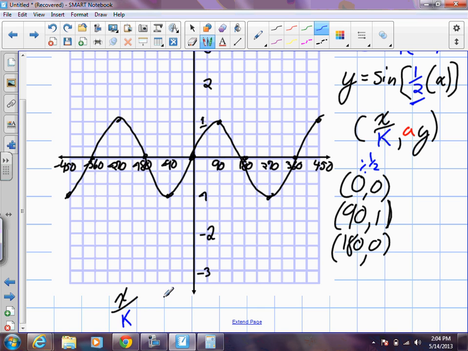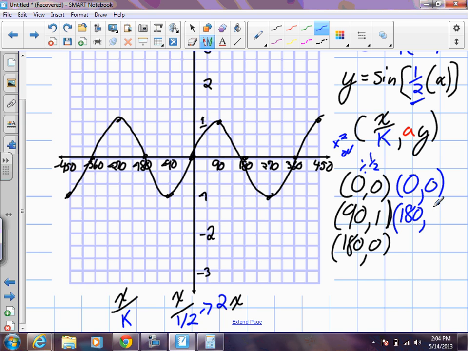So when we have to take x divided by K, an equivalent thing to do with a fraction, x divided by a half, is the same as writing x multiplied by 2. Okay, these two things are equal. So this is a fast way to go about doing it. So instead of dividing by half, we'll multiply by 2. So 2 times 0 will still be 0. 90 times 2 will be 180 and 1.